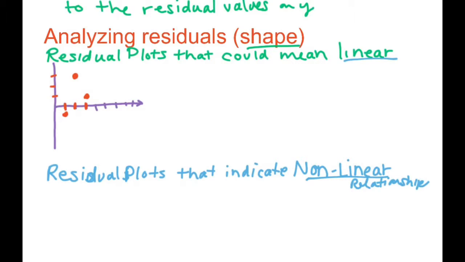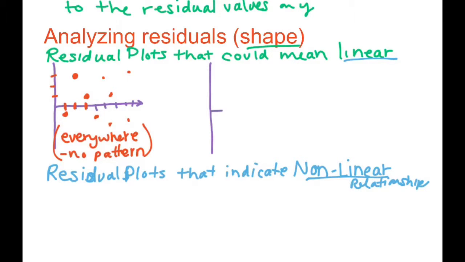So these are examples. If it went pretty evenly, some above, some below, just everywhere, with no pattern, then this could be linear. Or another one is we could have it look like this.